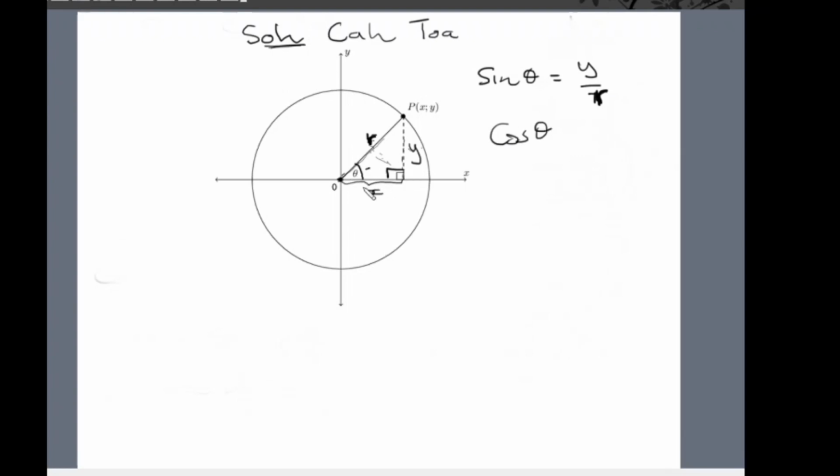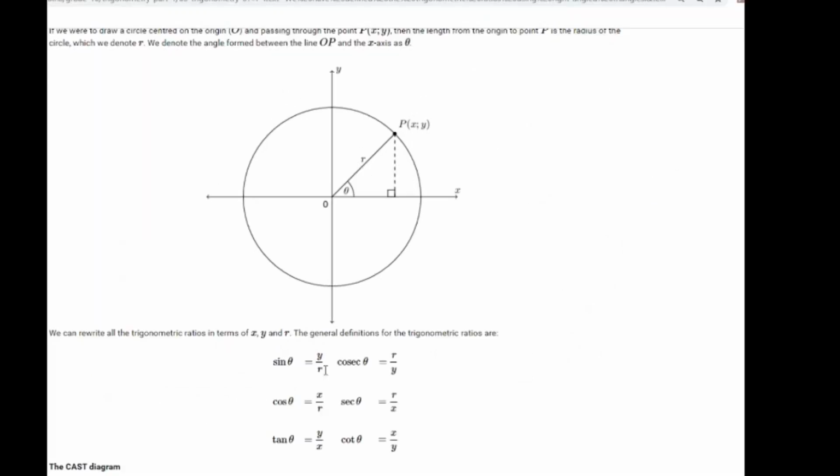The adjacent side is x, the hypotenuse is still r. Now tan theta is opposite over adjacent. So that's y over x. Going back to our notes, this is how we have defined it.